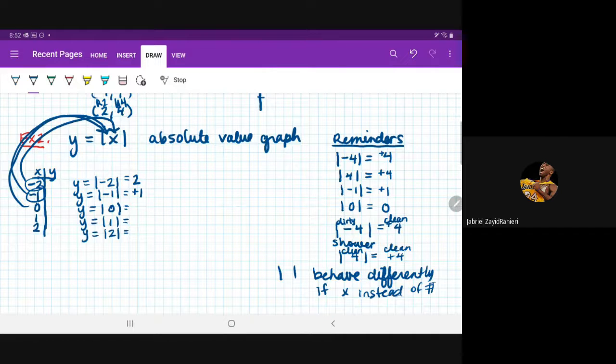Okay, Brandon, what's the absolute value of 0? Yep. Jabriel, what's the absolute value of 1?